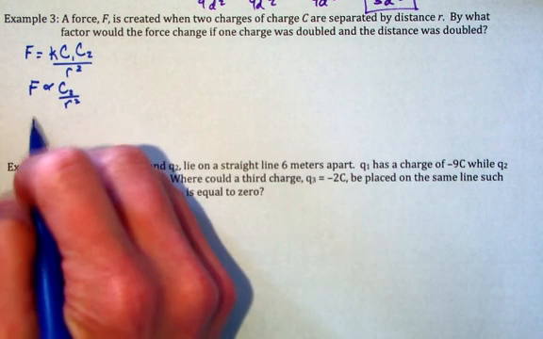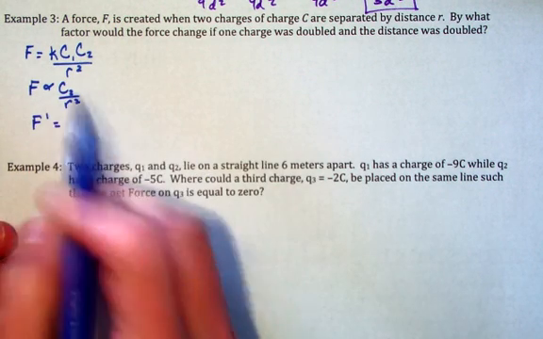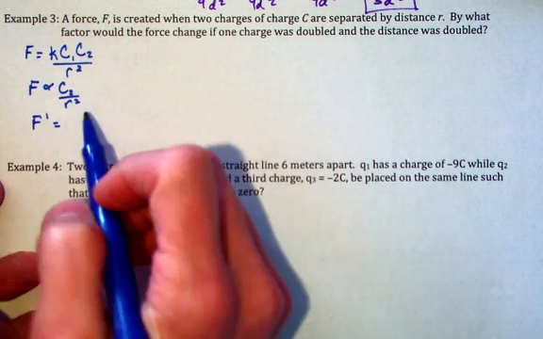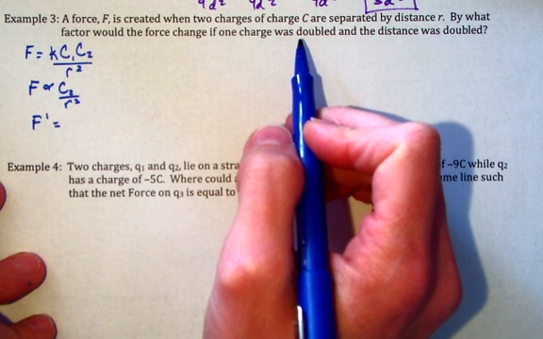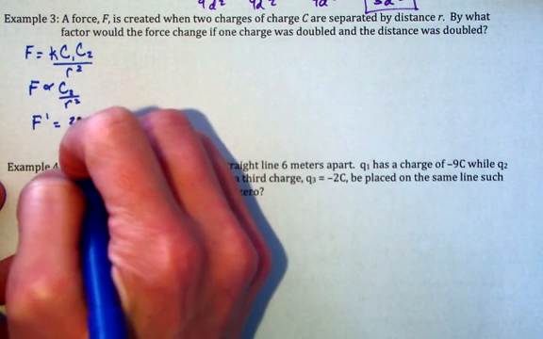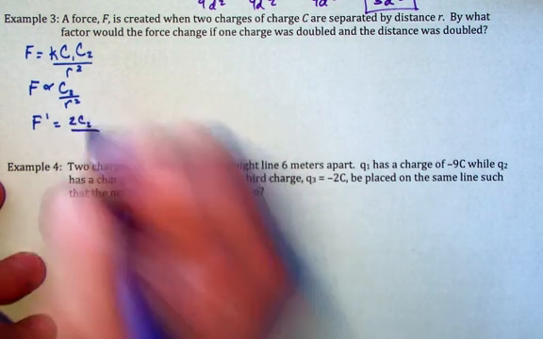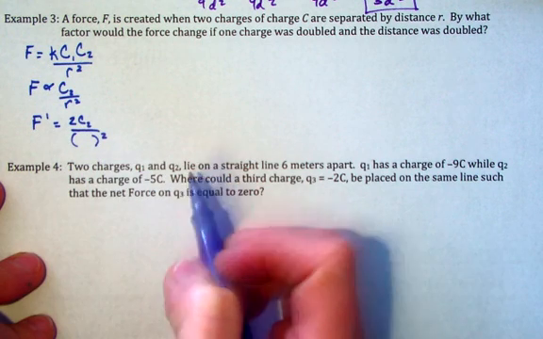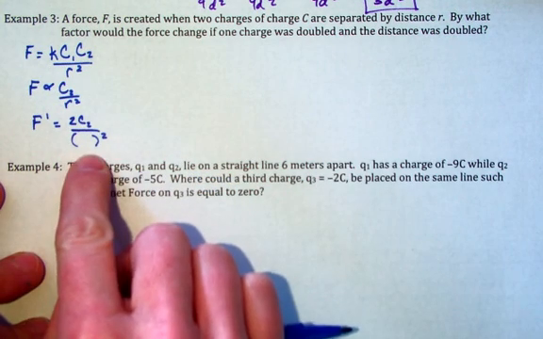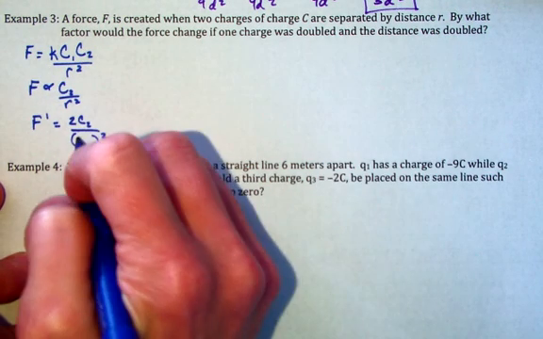So my new force, F prime, what am I doing to that other charge? I'm doubling it. So this is 2C2. What am I doing to the distance? Also doubling the distance, but remember the distance is squared, so that's 2r.